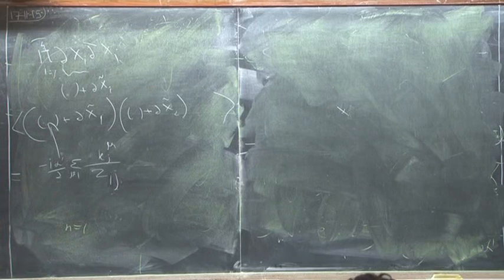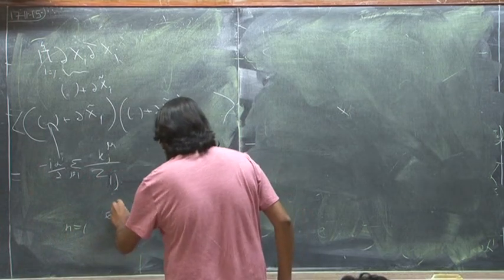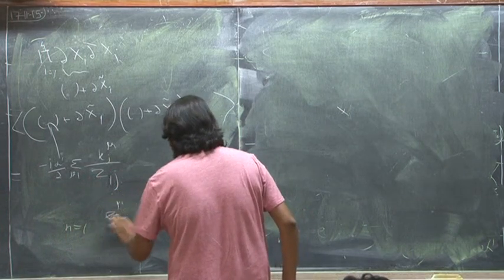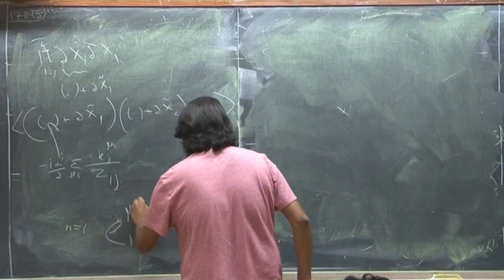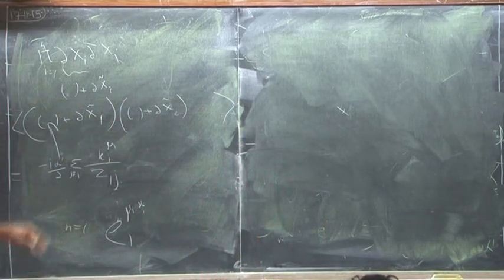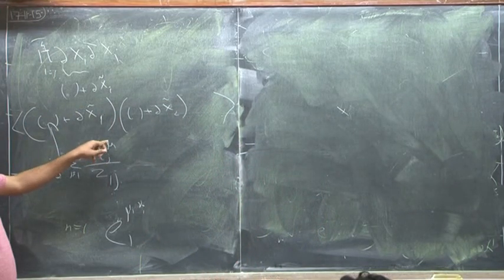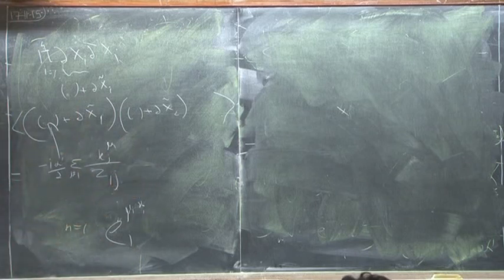This mu1 is the index on epsilon 1. Whatever comes from the first particle is going to have a mu1, whatever comes from the second particle is going to have mu2, and so on. So that we made our notation nice.